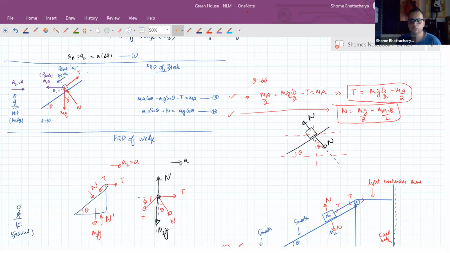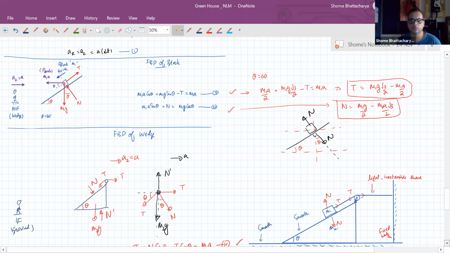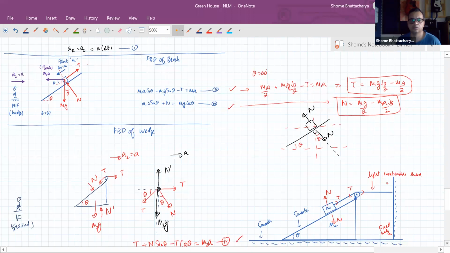Okay, so the first free body diagram is clear to all of you. Now the second one, for the wedge.